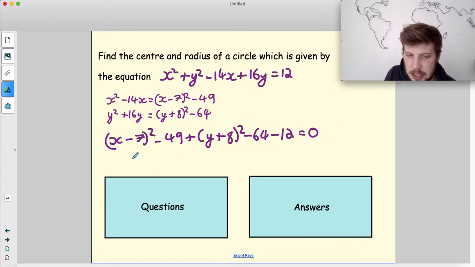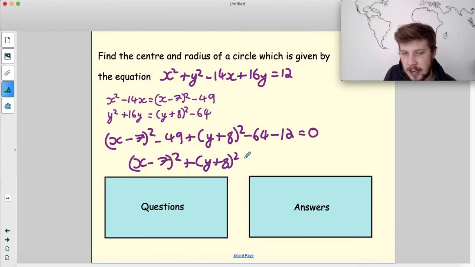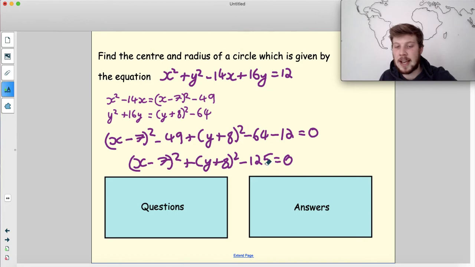Collecting my constant terms together, I'd get x subtract 7 squared plus y plus 8 squared, 49 subtract 64 subtract 12 is going to be 125, so take away 125 equals 0. And then just by adding across 125 to both sides, I'm going to get equals positive 125.